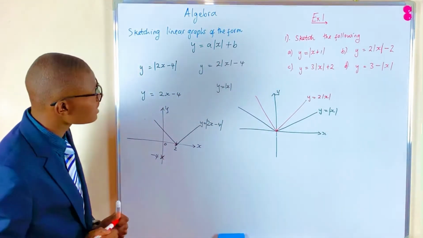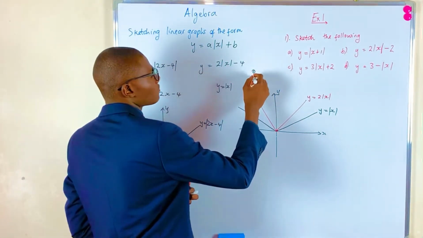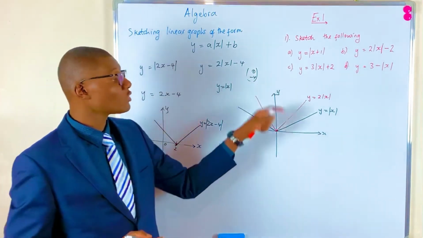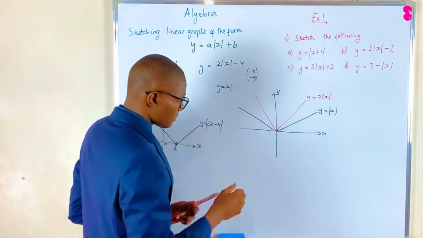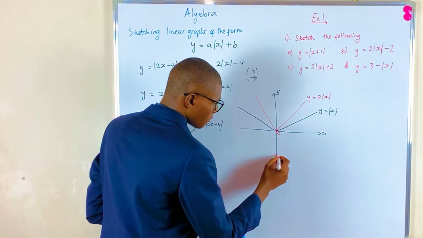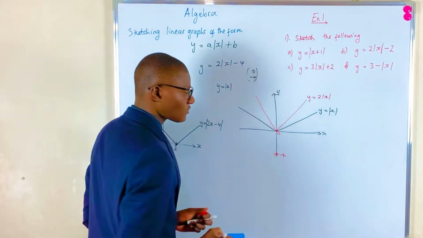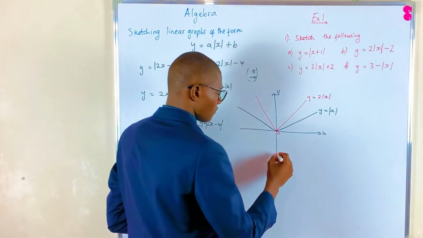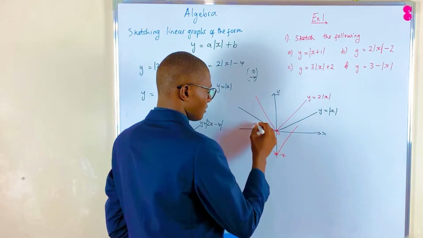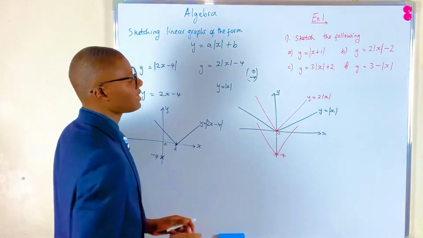Then if we translate it by a vector of 0, minus 4, in other words, we are shifting it 4 units downwards, if this is the 0, we get to minus 4 here, then of course it will be like that, then like that. But we also need these 2 points of intersection.